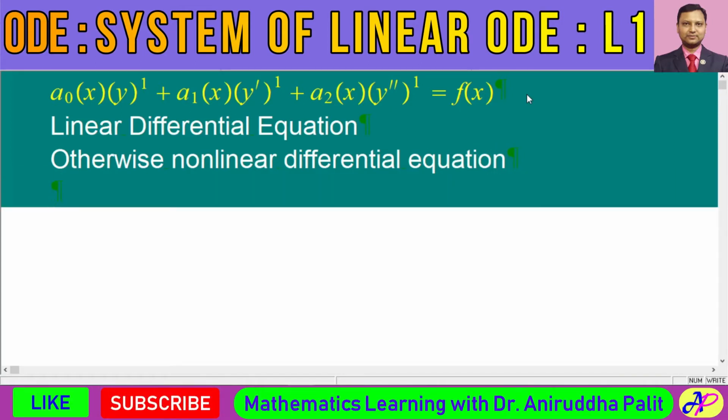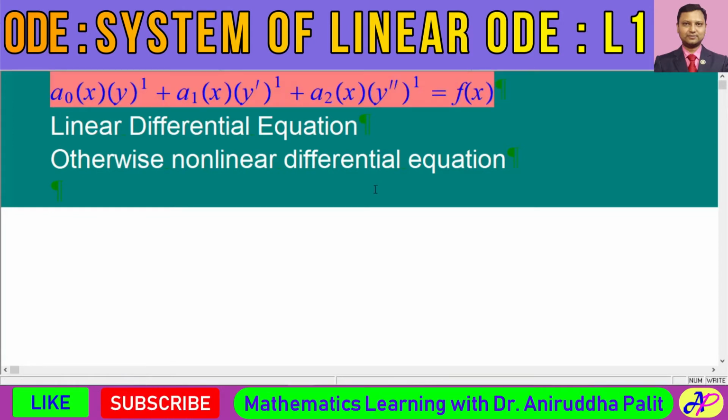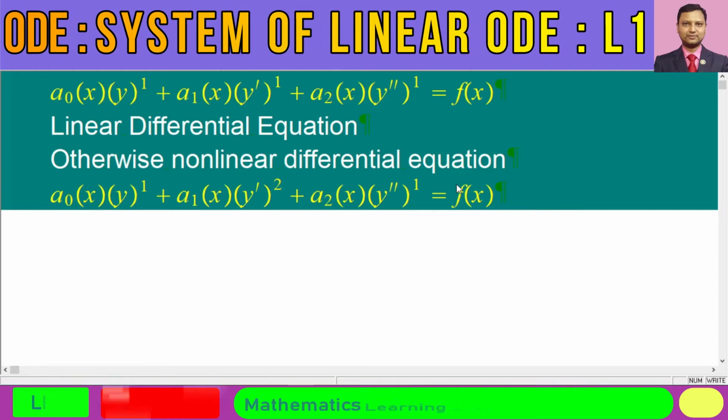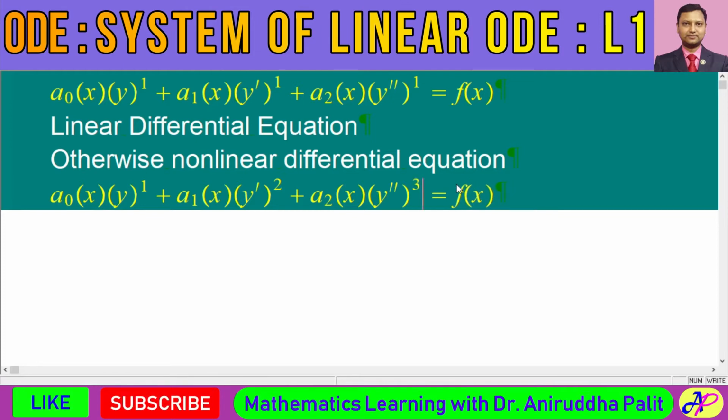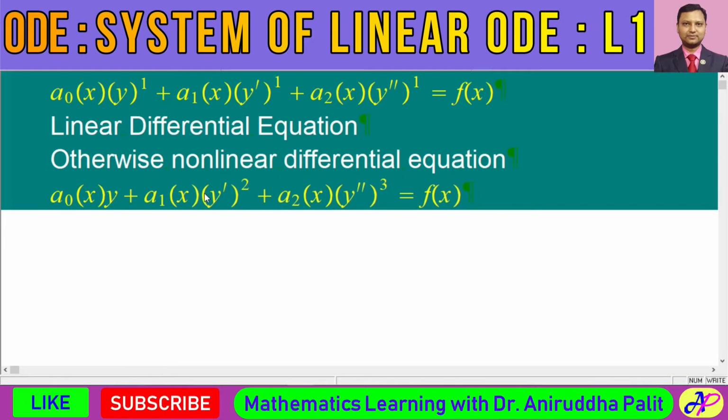For example, suppose over here we have y prime whole square, maybe y double prime whole cube, and over here just y.